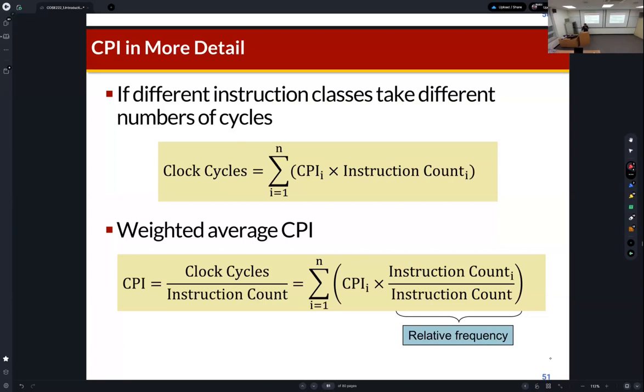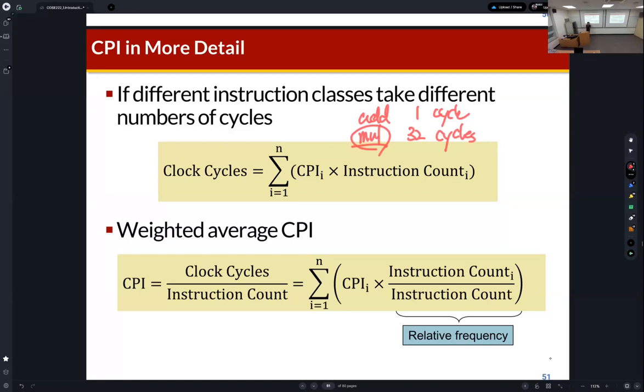For example, the add instruction may take one cycle, and then multiplication may take 32 cycles. Usually multiplication is more complex than the add operation, so the multiplication may take more cycles. Then how can we calculate the CPI?